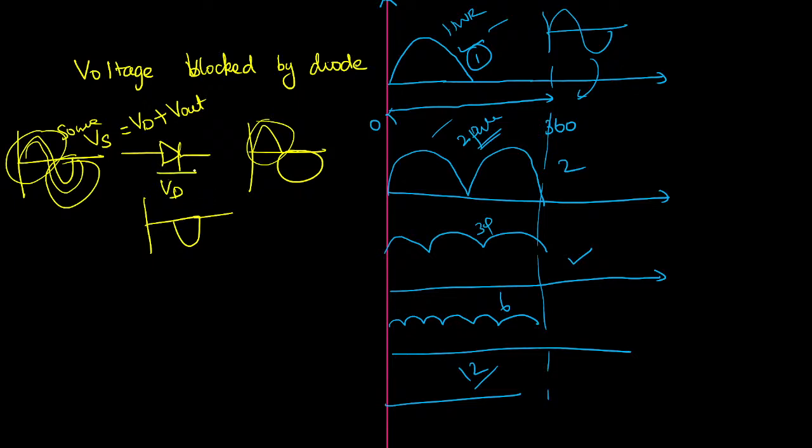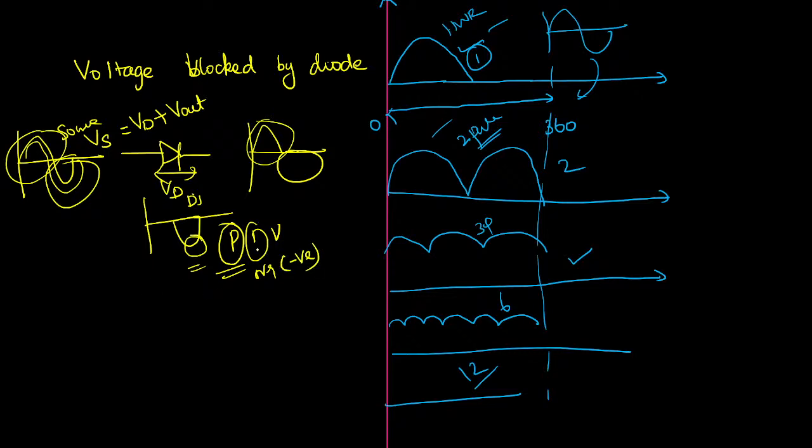The diode will always be blocking reverse voltages. So when the diode is blocking the reverse voltage, the maximum negative voltage that can be blocked by the diode is called peak inverse voltage. See, peak means maximum voltage, inverse means negative voltage. So maximum negative voltage blocked by the diode. In the name itself, I am representing negative.